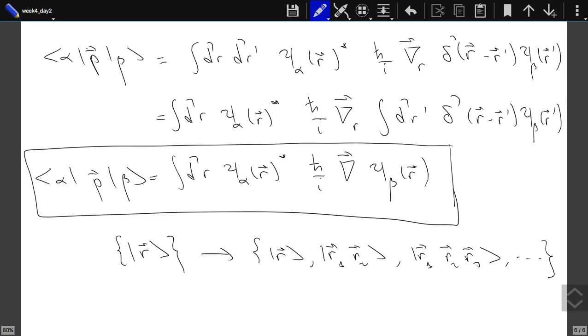The kets can describe an arbitrary number of particles. Now you can start describing particle creation and annihilation. That is what we see in accelerators. So this ket notation is more flexible than the wave function notation. But if you restrict yourself to a fixed number of particles, they are the same thing.